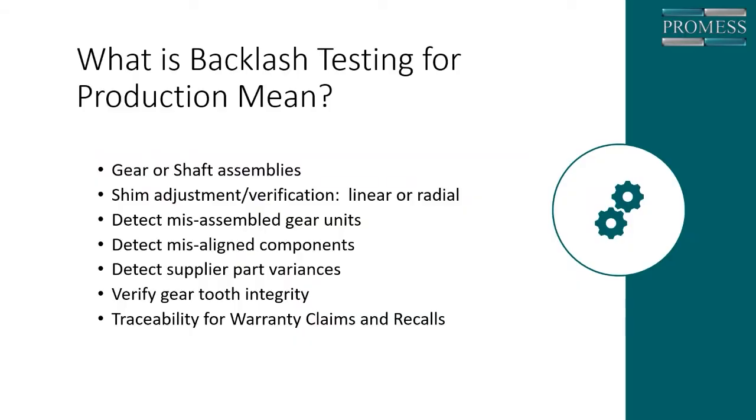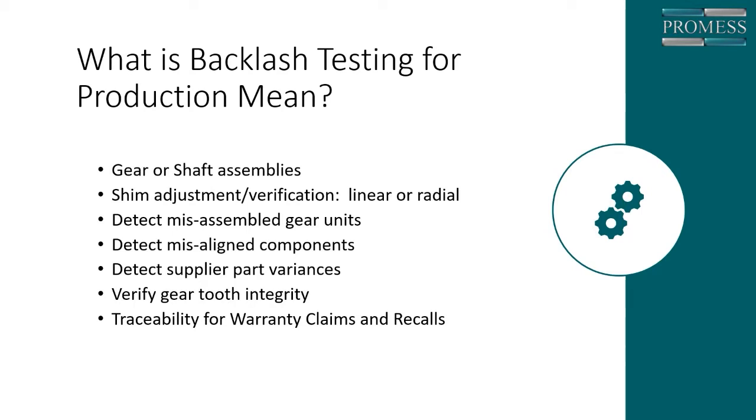So what is backlash testing and what does it mean for production? A lot of times we see gear and shaft assemblies where they need to be able to verify backlash. And a lot of times it's involving doing shim adjustments or doing shim verification in process. And these could be linear or radial types of gears.